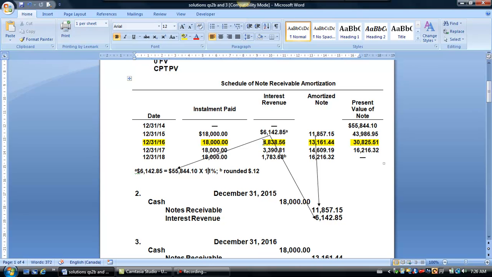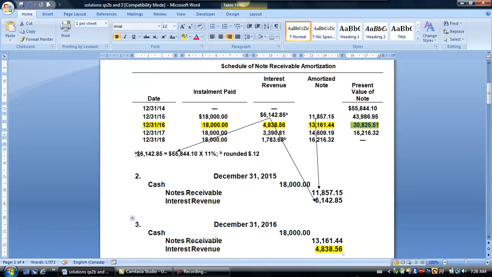All right, and then we're going to be left with that $18,000 payment, including not just the cash interest, but also payment on principal of the note. The difference between the principal on the note to open 2016 and the amount that we paid down during 2016 is going to leave us with a present value of $30,825. So now, I think you can see the logic moving through.